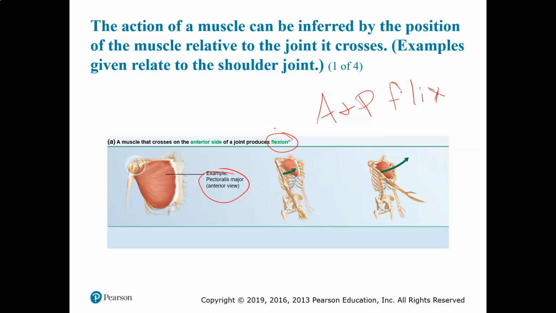The exception would be the knee and the ankle. Then it's opposite. But flexion of the arm is when your arm is at your side, and you move the whole entire arm straight up. That's flexion at the shoulder joint.